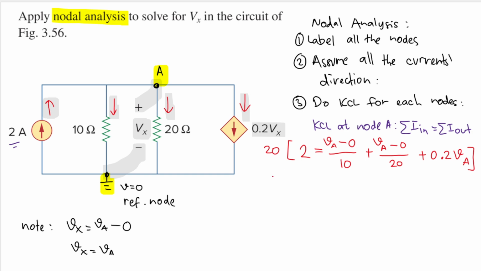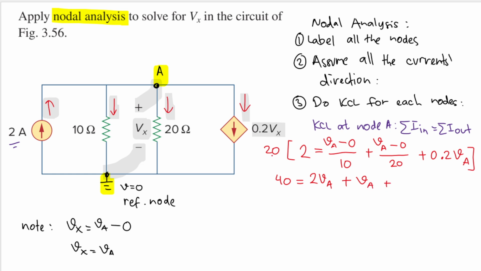So we will have 40 on the left hand side, and that will equal 10 and 20 will cancel into 2, but 2 multiplied by VA minus 0. We will have 2 VA from this term here. And then this one, 20 and 20 will cancel each other, so we will have VA. Good.